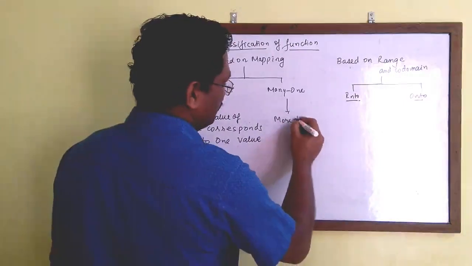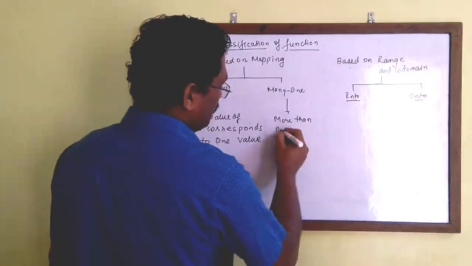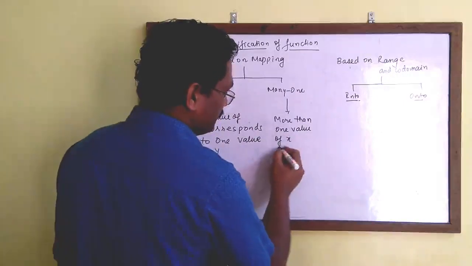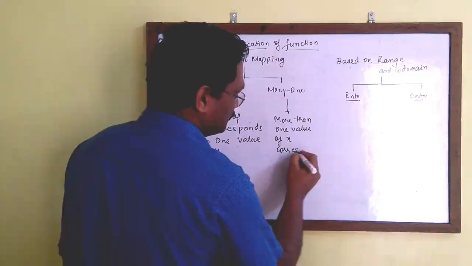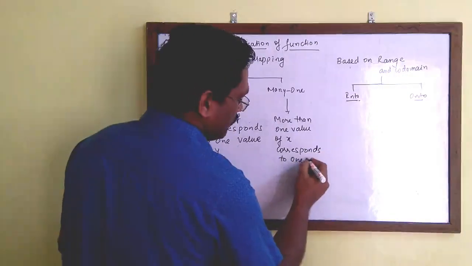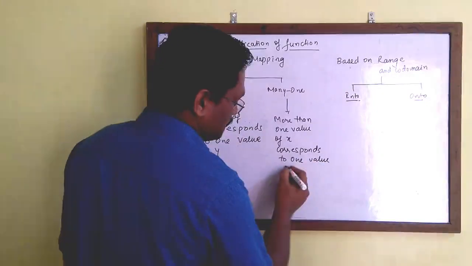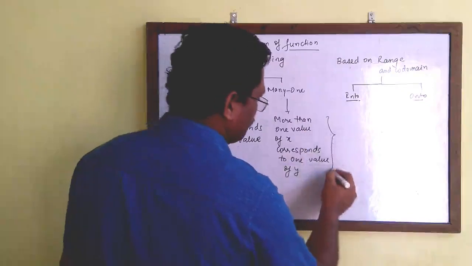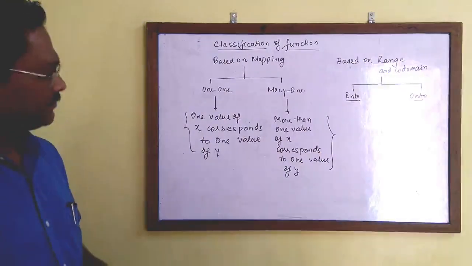One value of x corresponds to one value of y. If this is true, then I'll say that the function is a one-one function. Here, if more than one value of x corresponds to one value of y, then you will say that this function is a many-one function.